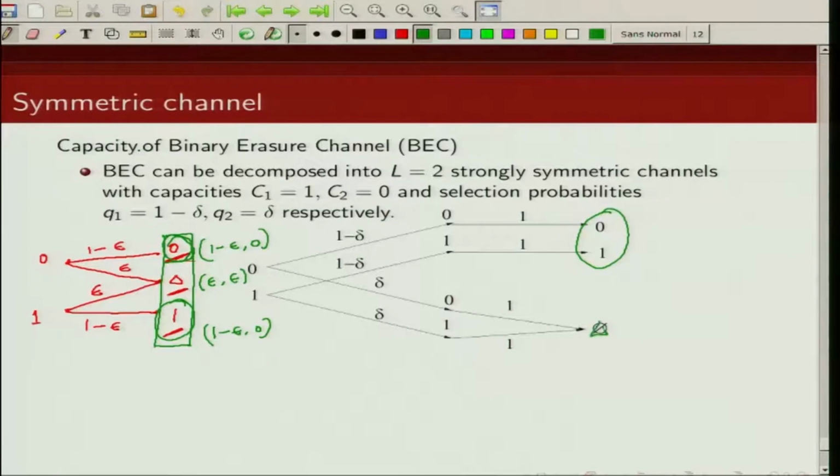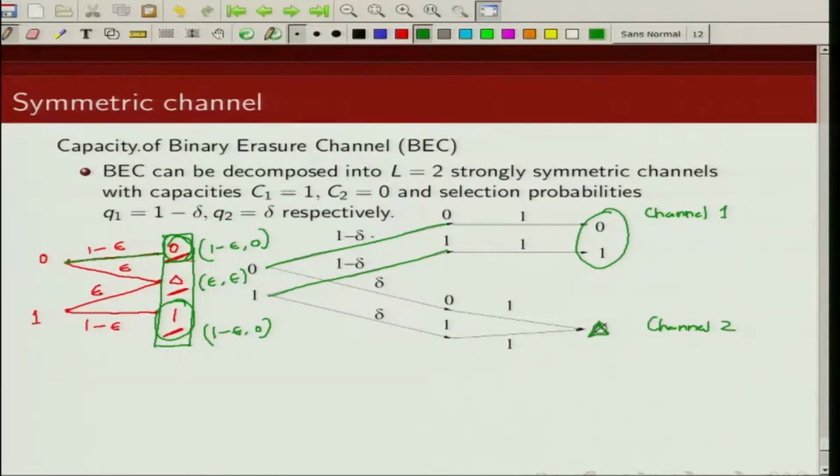So this will be a different channel. Okay, so this is my one strongly symmetric channel, channel 1, and this is my channel 2. Now what is this selection probability? From the inputs 0 and 1 I reach this set consisting of output symbols 0 and 1 with probability 1 minus epsilon.